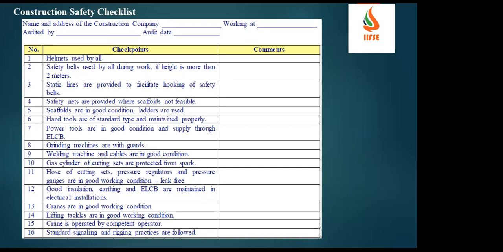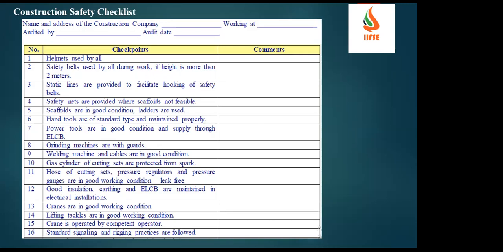For example, if you are a client for your site, the construction contractors who are coming in, those tools must be certified with an inspection sticker on behalf of client safety, approved so that they can be used in the site. Otherwise, non-approved tools should not be allowed to be used in the work site.